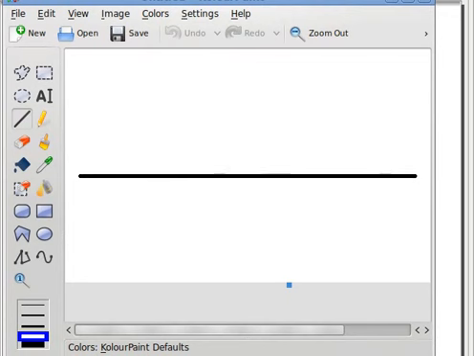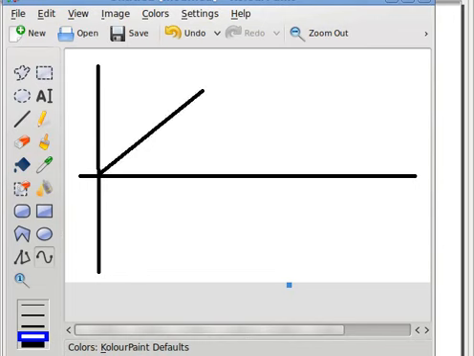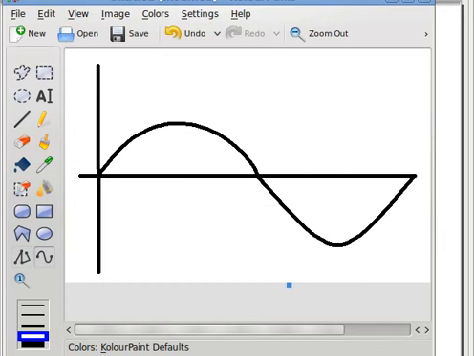X-axis. Y-axis. Well, actually, maybe I can use this thing. Close enough. Right, so this is our cos x.